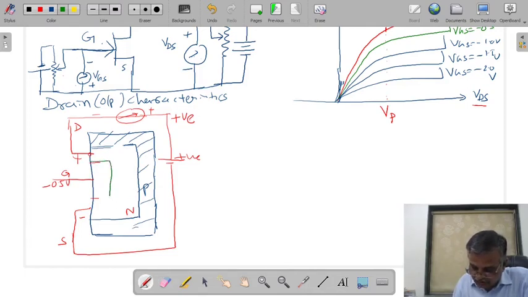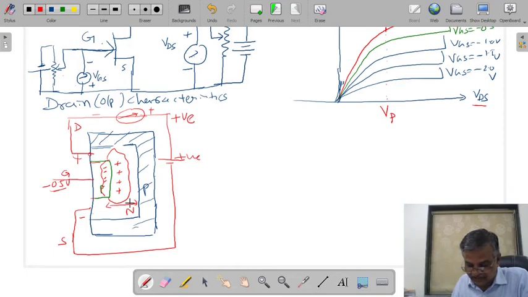This is your gate. In this n-type material, immobile positive ions are formed, and in the p-type material, negative ions are formed. So initially when this was 0, this much width is available for the charge carriers to flow.